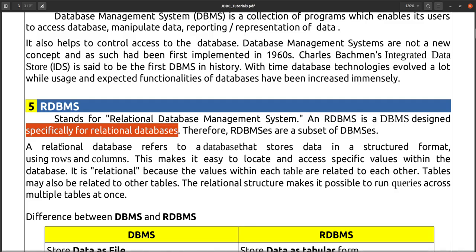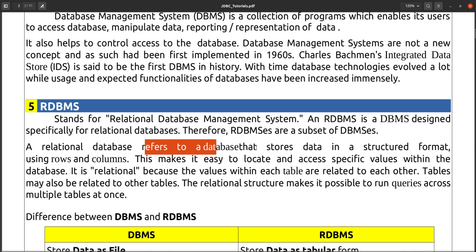Okay, a relational database refers to a database that stores data in a structured format using rows and columns, which makes it easy to locate and access specific values within the database.